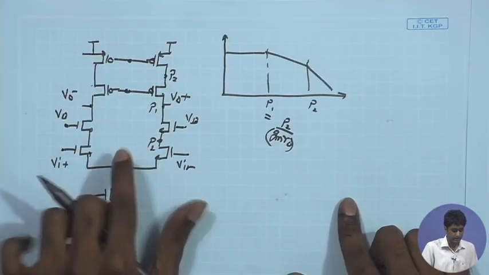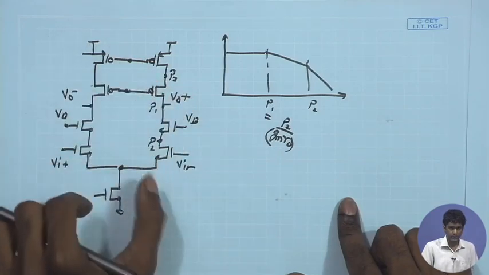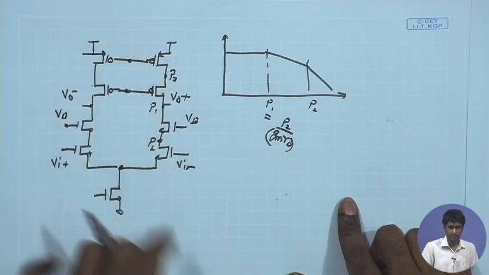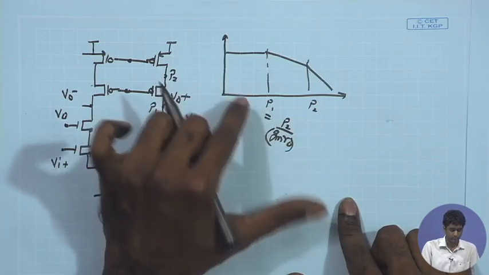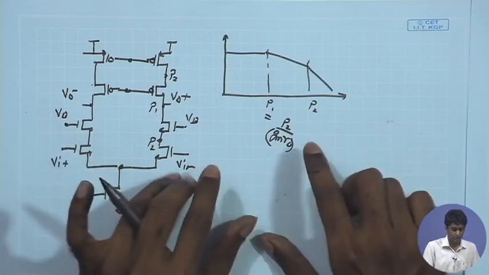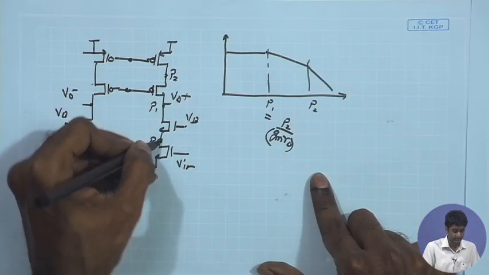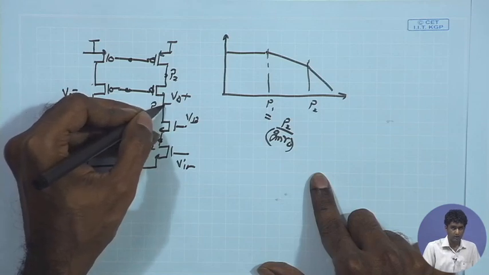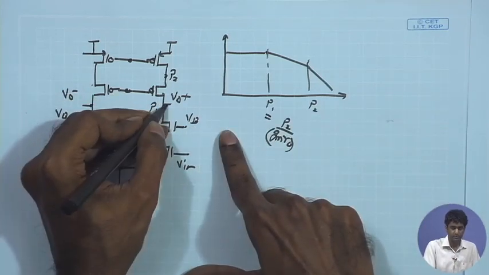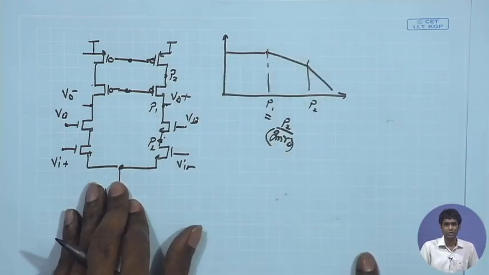So I need that P1 times GMRO whole square, that is the open loop gain of this amplifier, equal to P2. So I need to make sure that the capacitance ratio over here, the ratio of the added capacitance upon the parasitic capacitance over here, is also having a ratio of GMRO.